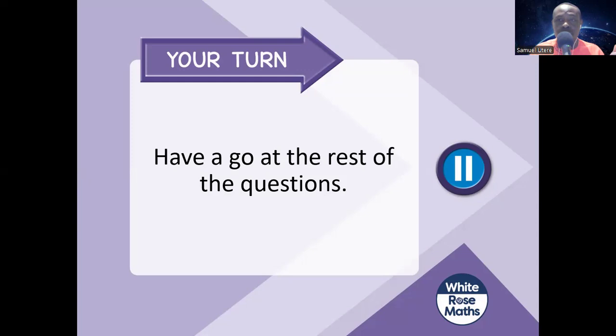If not, I don't need to collect them together with the intention to simplify. Simplify means you need to add or subtract those terms that look alike. And what are the terms that look alike? They must have the same variable. You see the way I'm repeating this? They must have the same variable and the same power.